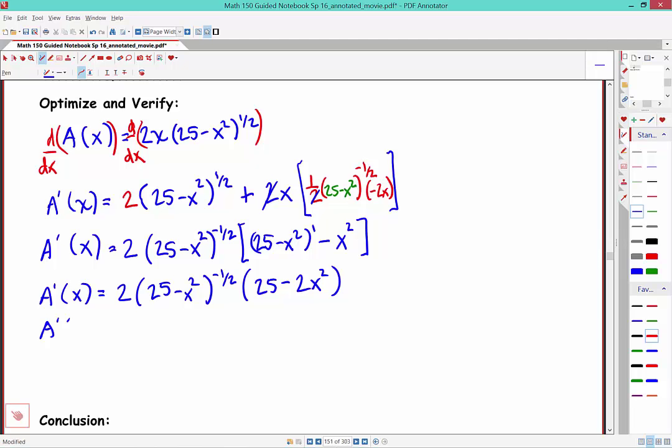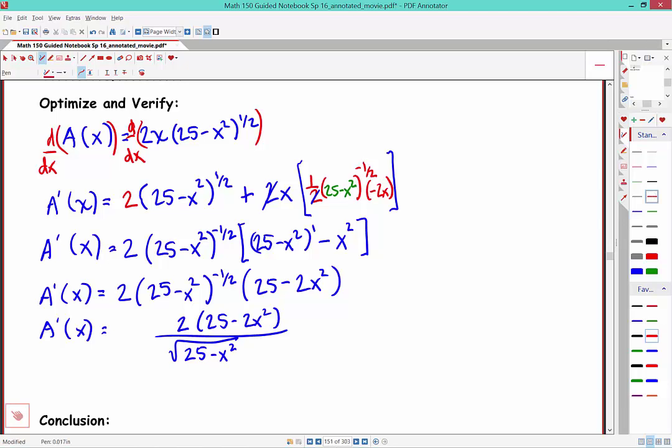So this gives us A prime of x is 2 times 25 minus 2x squared all over the square root of 25 minus x squared.